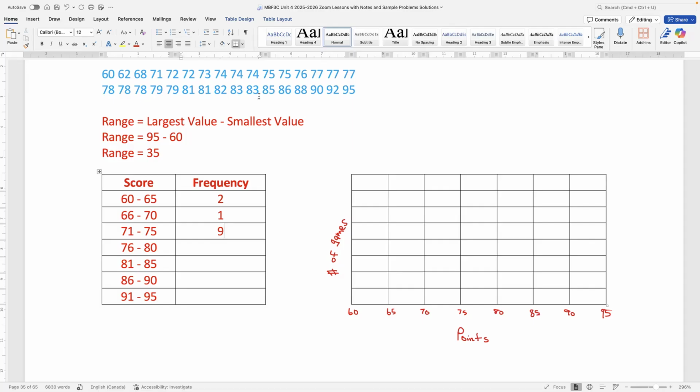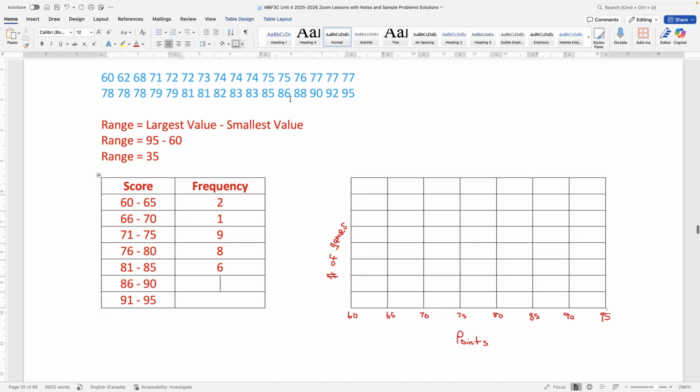76 to 80, there was 1, 2, 3, 4, 5, 6, 7, 8, 9. 81 to 85, 1, 2, 3, 4, 5, 6. 86 to 90, there was 3, and 91 to 95, there were 2.